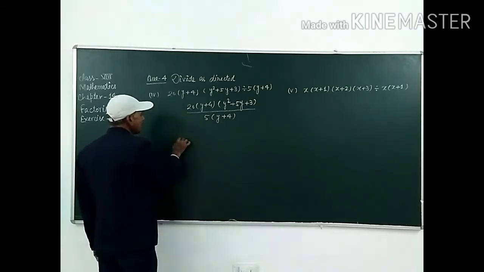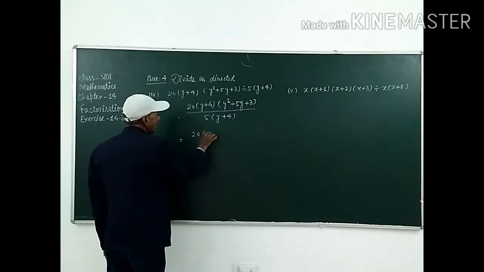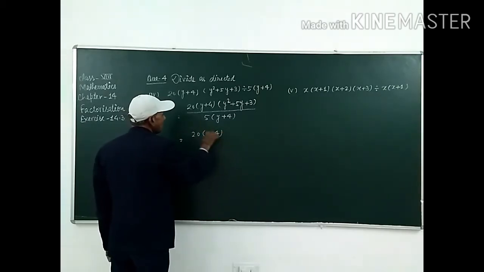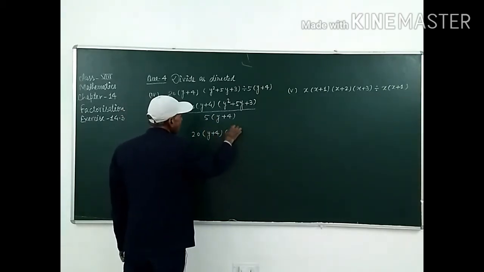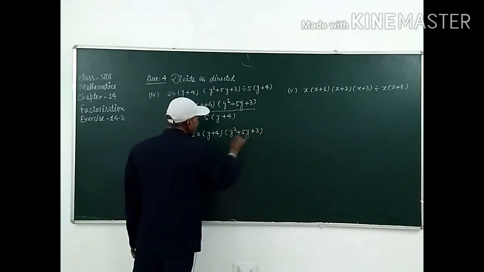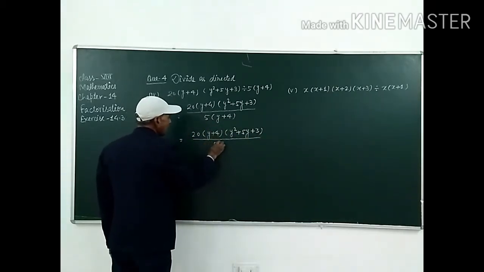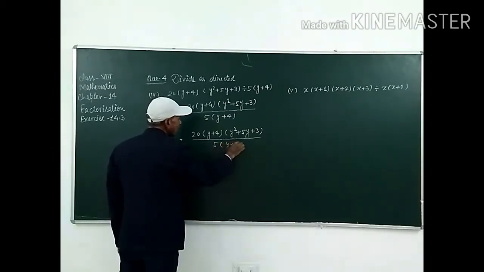In the next step, this will be 20 y plus 4, y square plus 5y plus 3, and this one 5 into y plus 4.